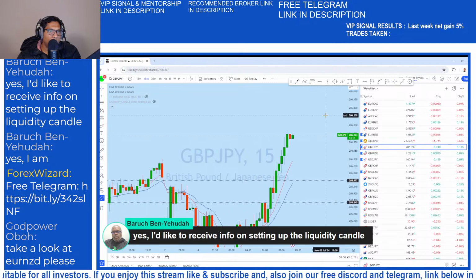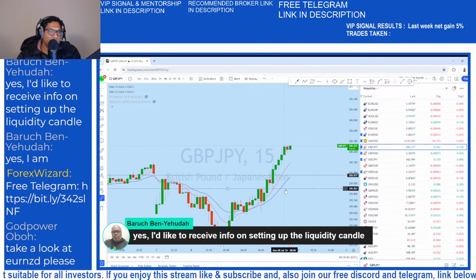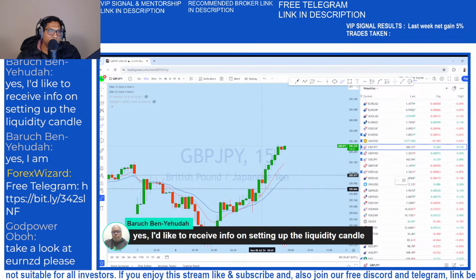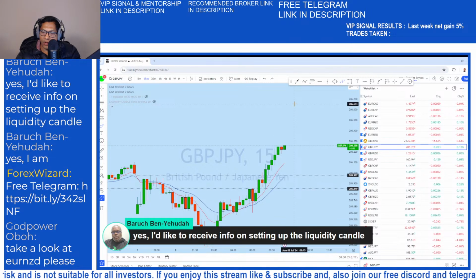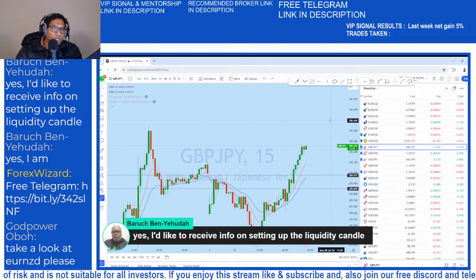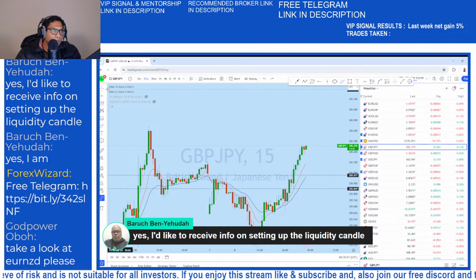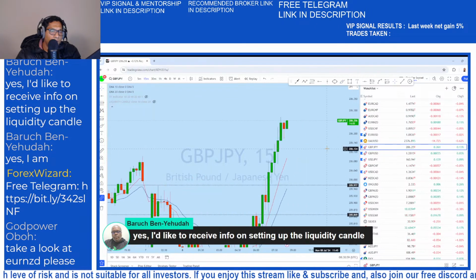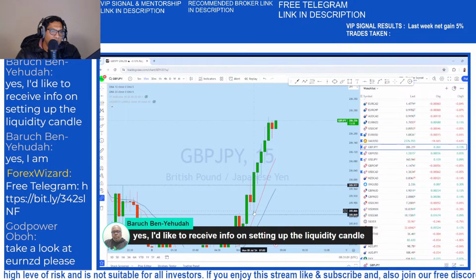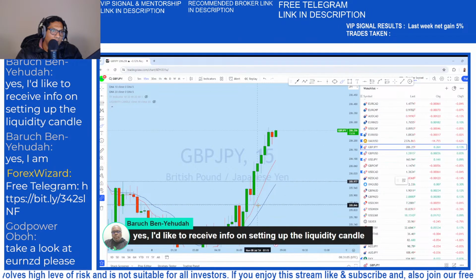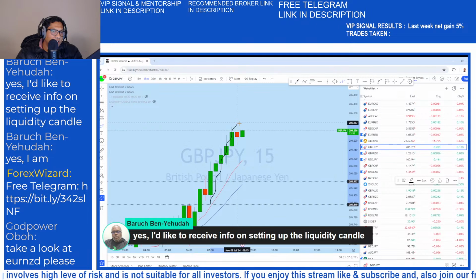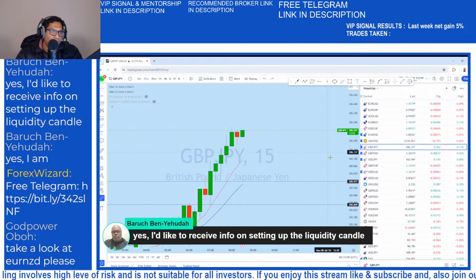And with that in mind, what we can see here is a pretty important level of liquidity candle formation. With this liquidity candle formation on the 15, it's a very strong impulsive move here on GJ, expecting for a deeper pullback here.